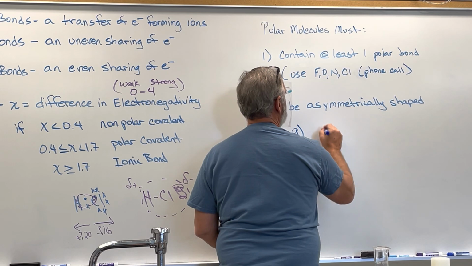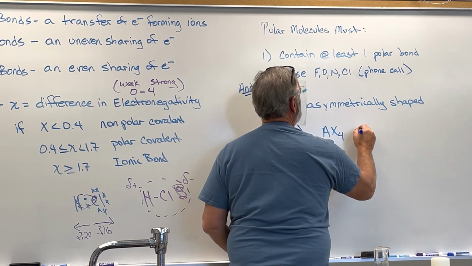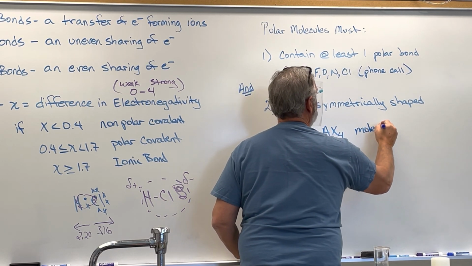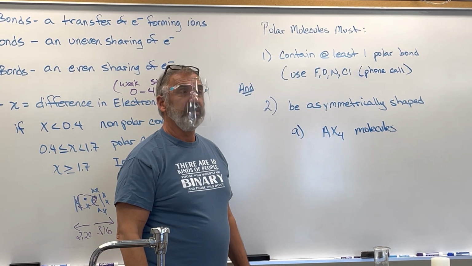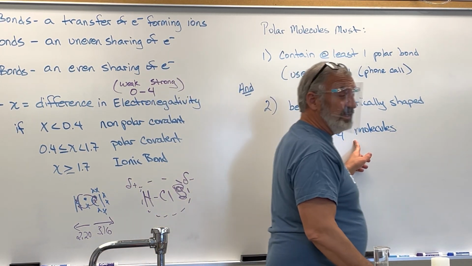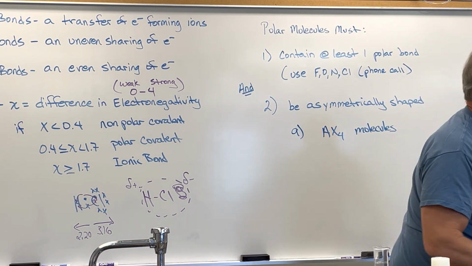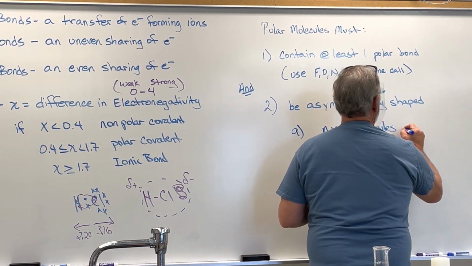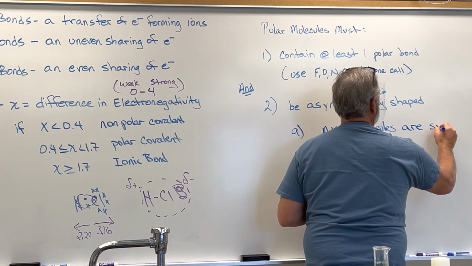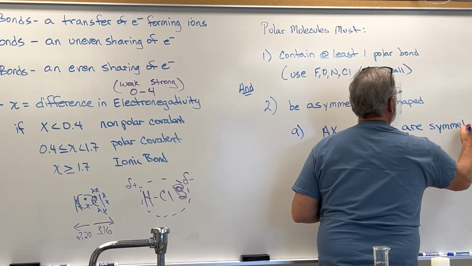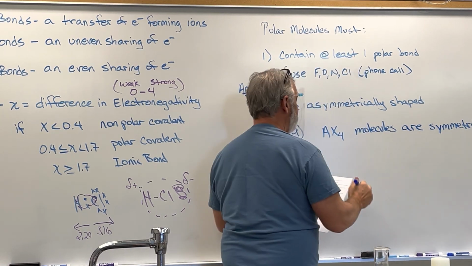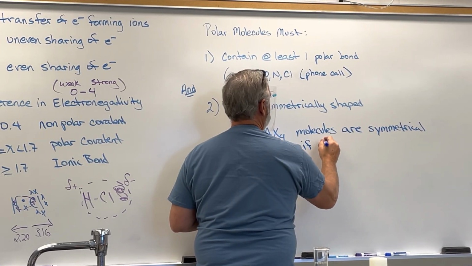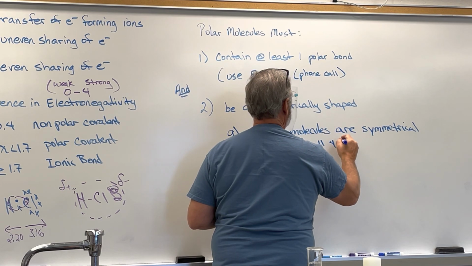What goes in that blank is AX4 molecules. Anything that fits into this AX4 pattern is going to be symmetrical if all 4 bonding atoms are the same.